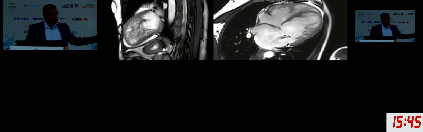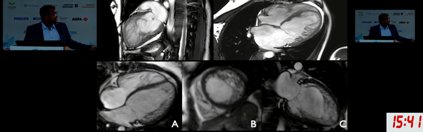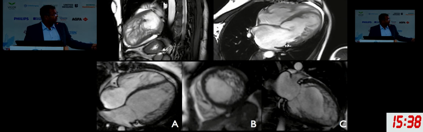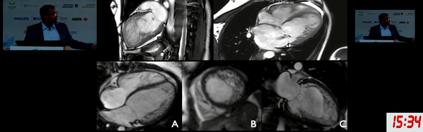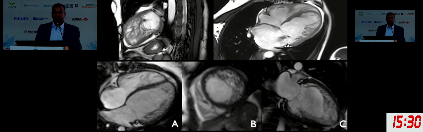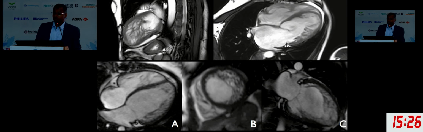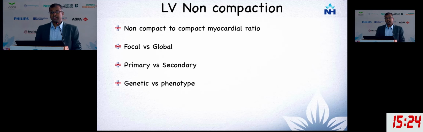If I were to show you some focal images, you need to understand that this kind of myocardium is called the compact myocardium, and this is non-compact myocardium. This is a case of LV non-compaction. Non-compaction can also mimic hypertrophy, and it's very important for you to be able to differentiate that.